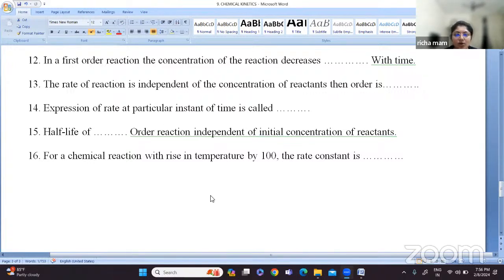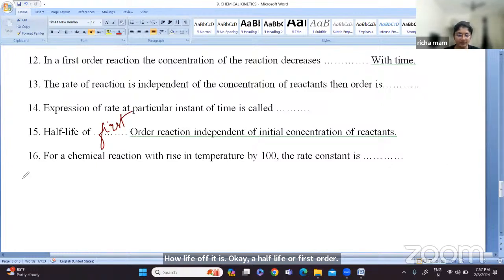It is first order. Okay, half-life of first order reaction is independent of initial concentration of reactants.